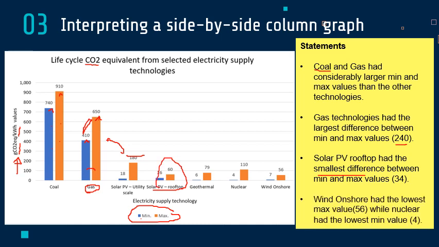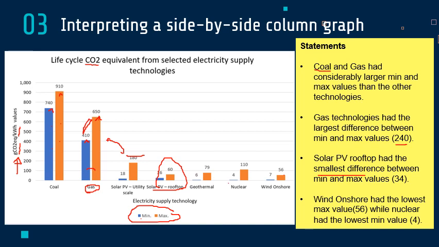And the last one, wind onshore had the lowest maximum value, which was 56. So this is my lowest number. And again, I put data labels on here. You won't be dealing with things so complex today. Your eyes will generally have to track across, but you'll have grid lines to help you. Wind onshore had the lowest maximum value, while nuclear had the lowest minimum value.